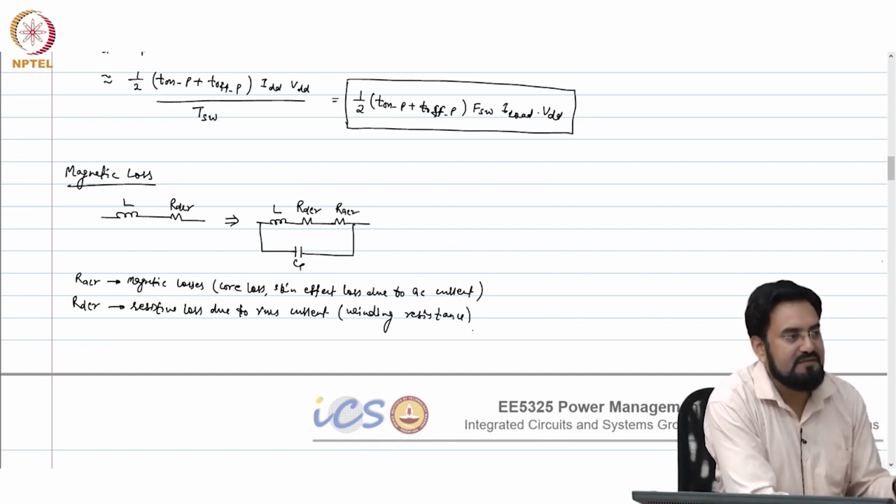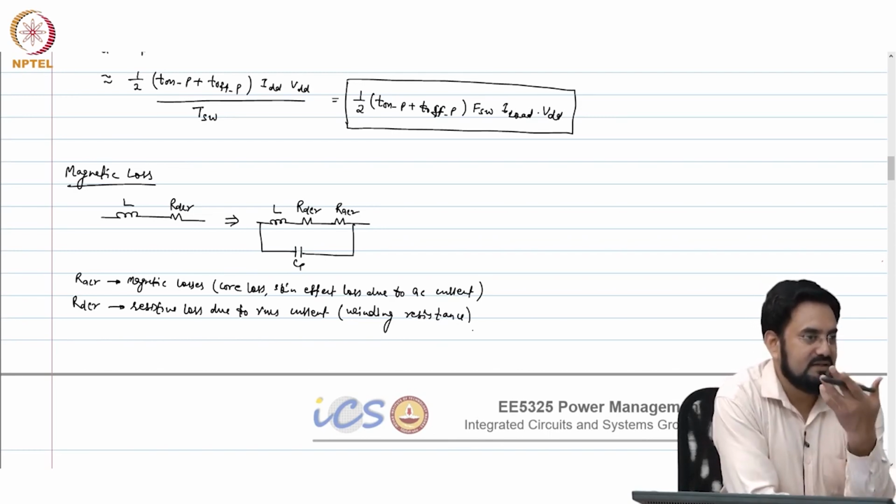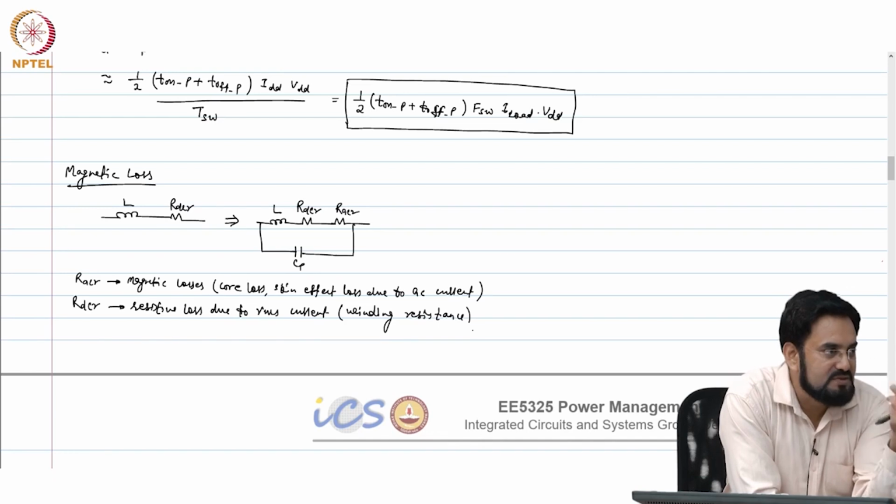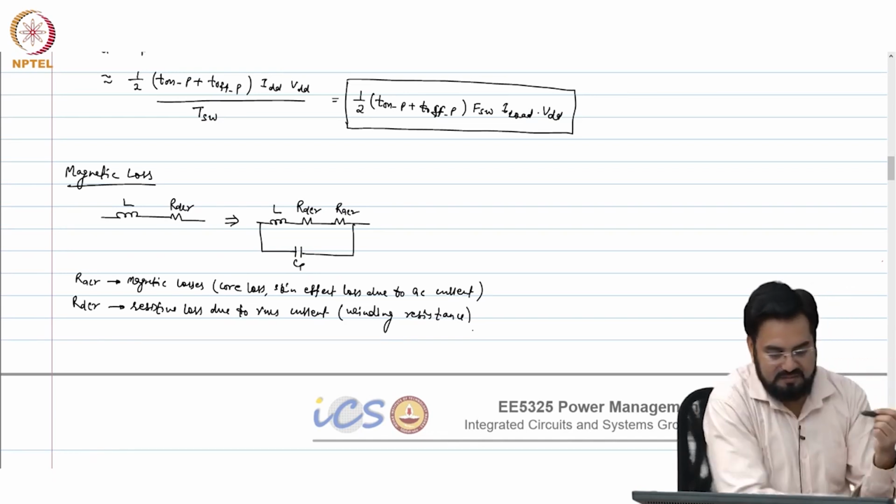You have to have an AC current flowing into that, and we know that inductor current is always AC, there is no pure DC current, it has some ripple amount on top of that which contributes to the AC losses.